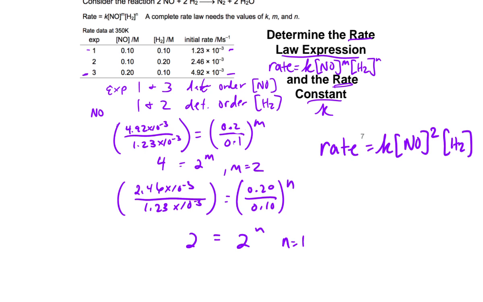Well, no, because you couldn't use 2 and 3 to solve for the order with respect to H2, because the concentration of NO is also changing there. So we're changing 2 things in those. Yeah, so that's a good question. Anything else?